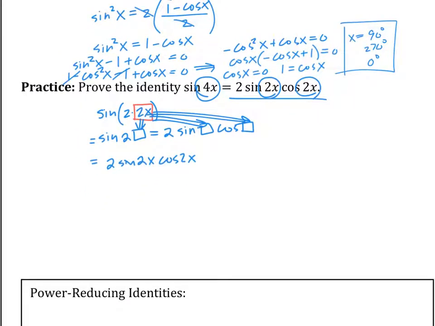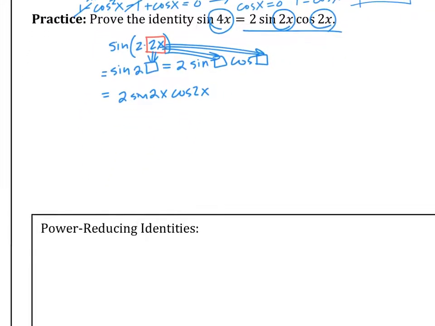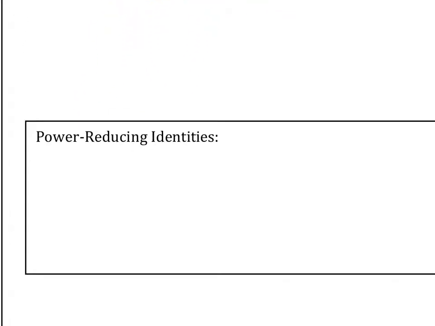Okay, the power reducing identity. This is used when you want to change from a higher degree to a lower degree. For example, if you see something like sine squared x, and you want to reduce it so that the power is not second power but first degree, you can use this identity: 1 minus cosine 2x over 2.